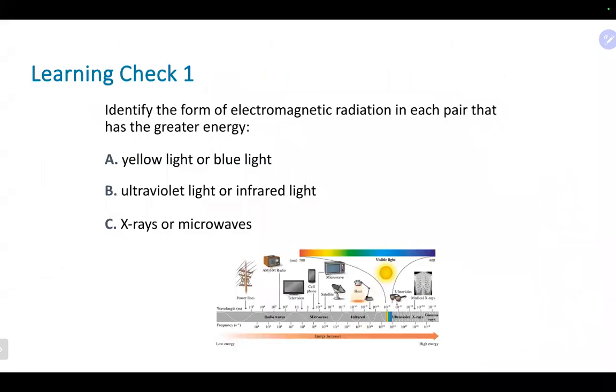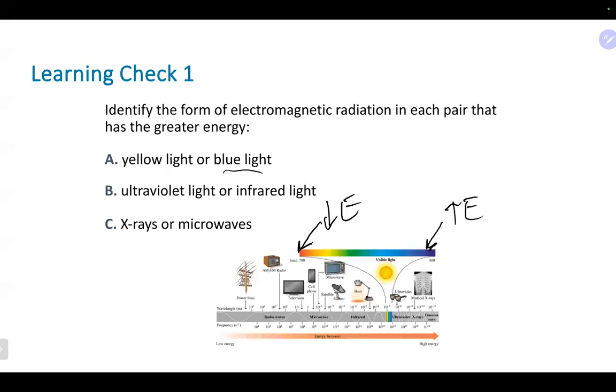All right, identify the form of electromagnetic radiation, of each pair, that has the greater energy. Yellow light or blue light. Yellow actually would be less energy than blue. Again, this part of the visible part of the spectrum is shorter wavelength, higher energy. Longer wavelength, lower energy on that side there.